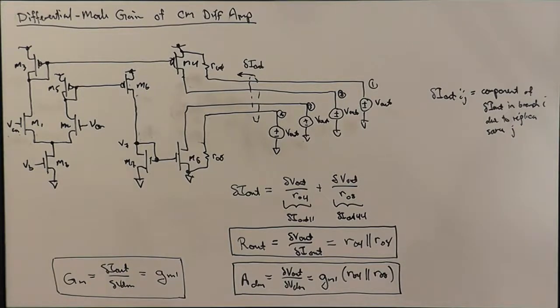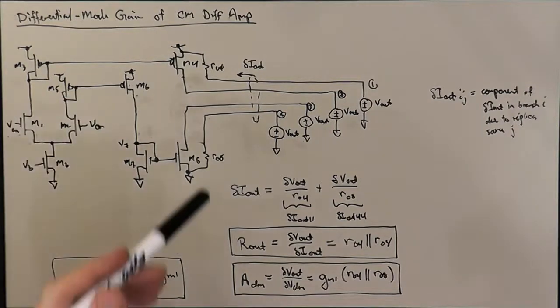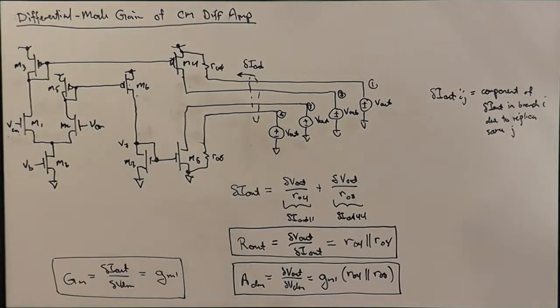This is just exactly the same sort of result we got for the 5-transistor diff amp. The transconductance gain of one of the diff pair transistors, actually they're both the same, so it's either one of them, times the parallel combination of the output resistances of one NMOS and one PMOS that are connected to the output node.